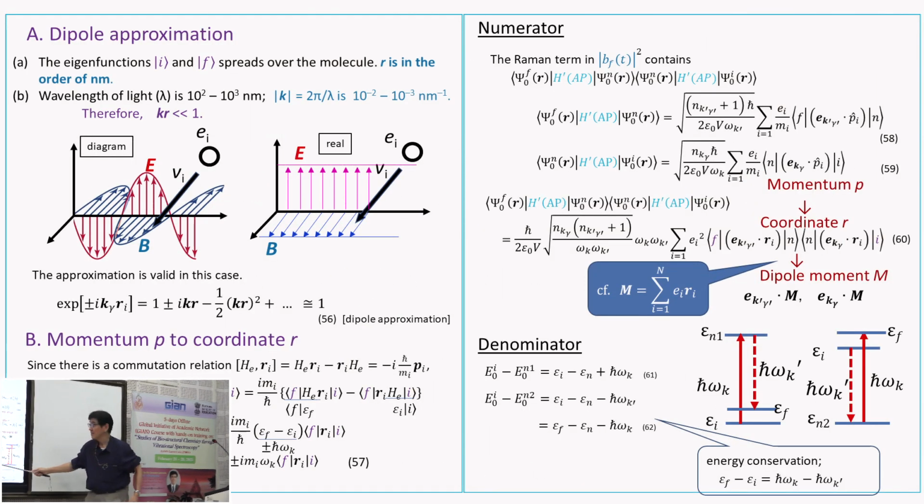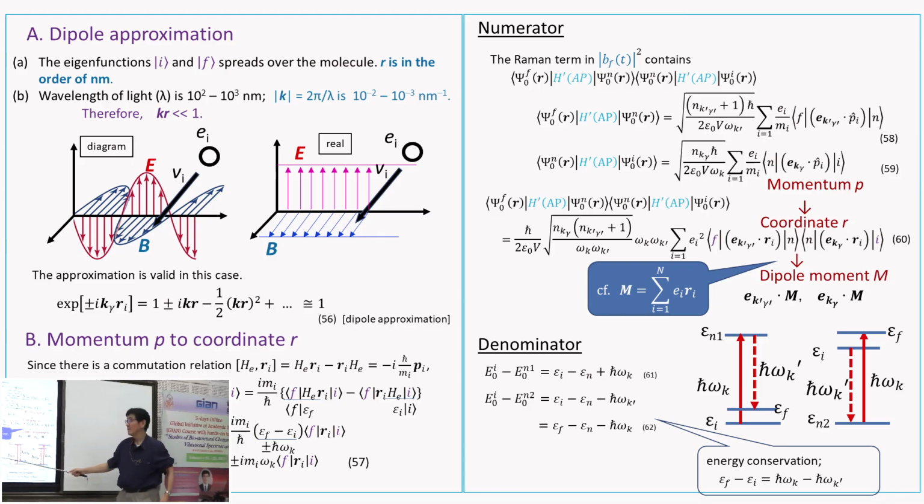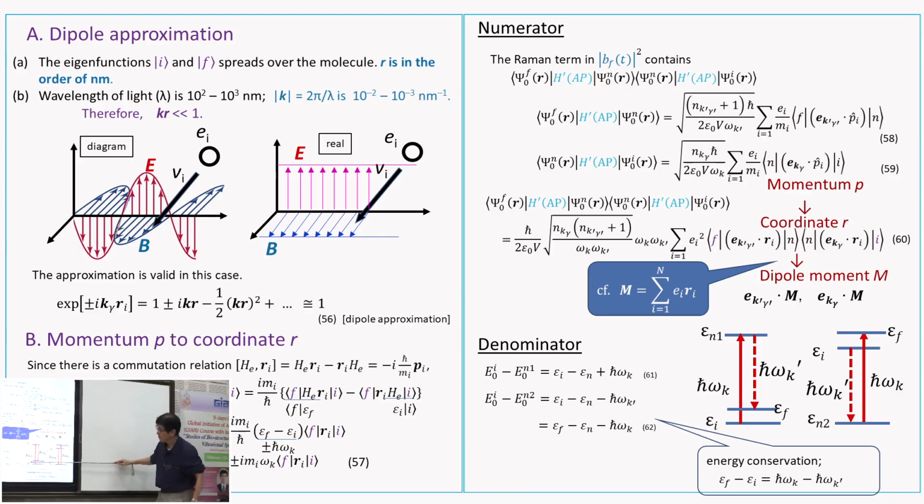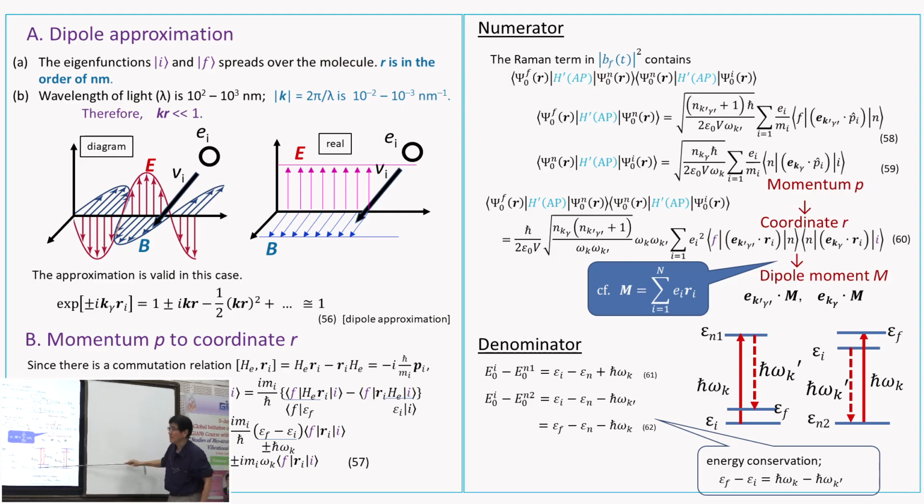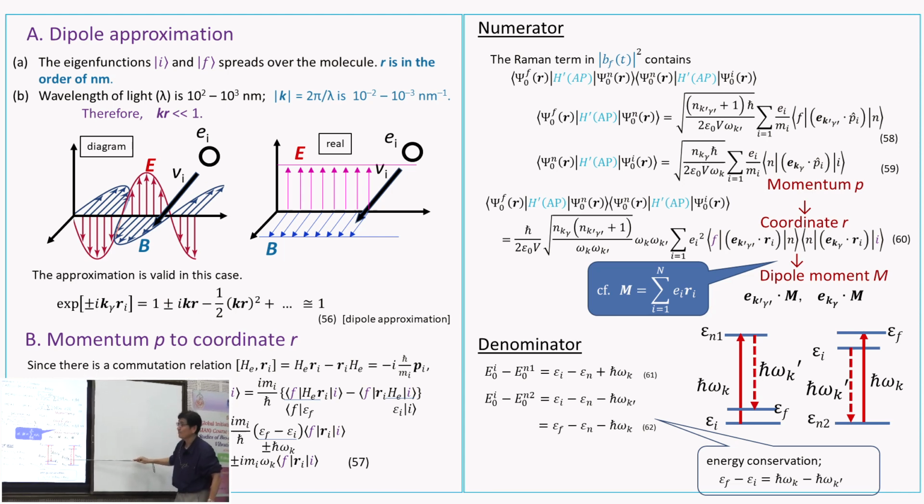E I minus E N1 corresponds to the energy difference between the energy of the molecule, small e i minus small e n, and the energy of light, h bar omega.